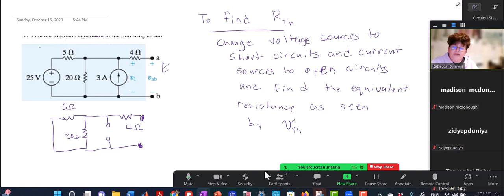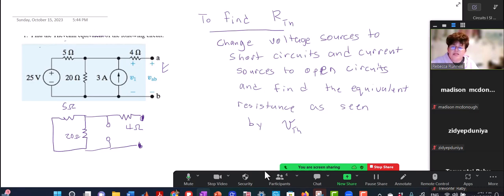And so one thing that can be confusing is, are the 5 ohm resistor and the 20 ohm resistor in series or are they in parallel or are they neither? Well, from the point of view of the V-Thevenin right here, the 5 ohm resistor and the 20 ohm resistor are in parallel.